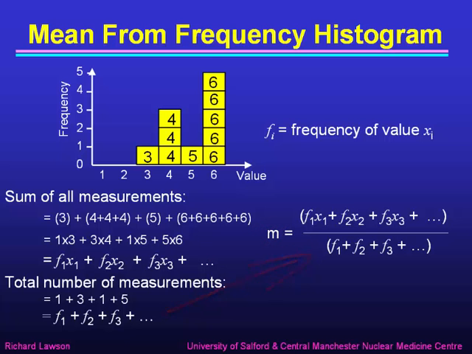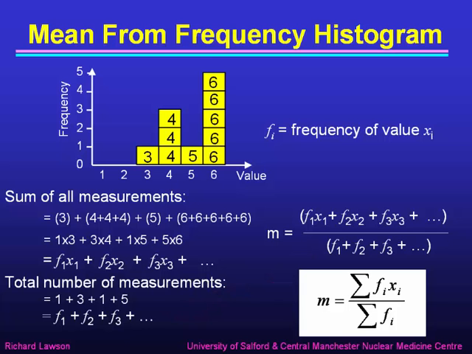But in our summation notation we can just write that as m is sigma fi xi divided by sigma fi, meaning we add up the product of the frequency and the value and divide by the sum of the frequencies. This is the formula we need to use if we've got the data in our histogram format.